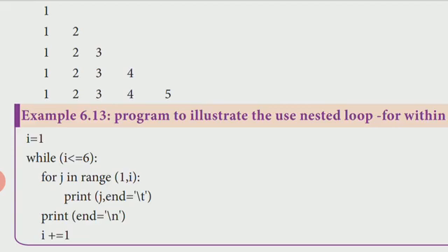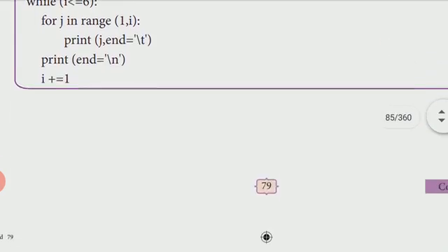Again it will increment, so i becomes 3, and again it will check whether i is less than or equal to 6. Like that, it will be executed till the condition becomes false. So this is how to create a simple pattern with numbers using nested loops.